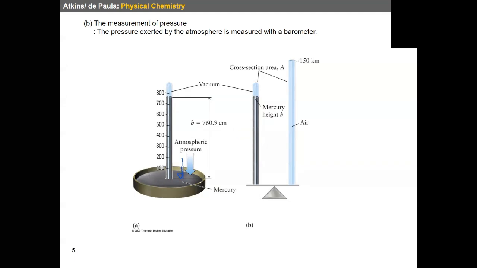Because of the pressure from the atmosphere, the mercury inside of this glass cylinder cannot go out through this passage, and the height made by this atmospheric pressure is a standard unit for this pressure. Usually for mercury, this H is about 760 centimeters.